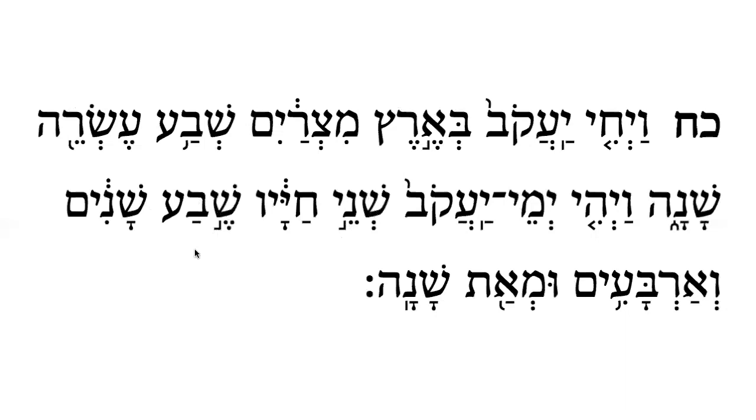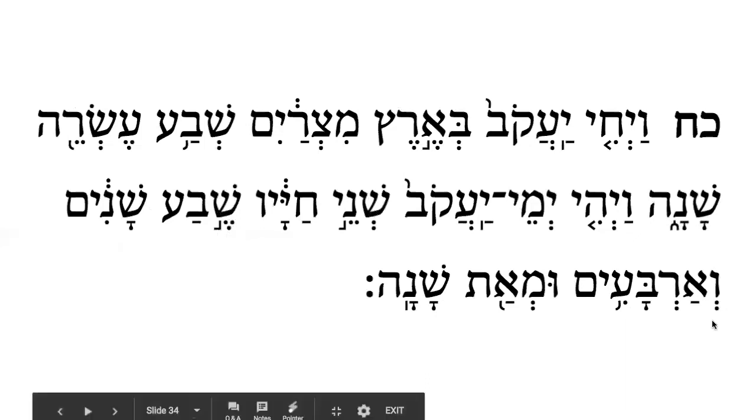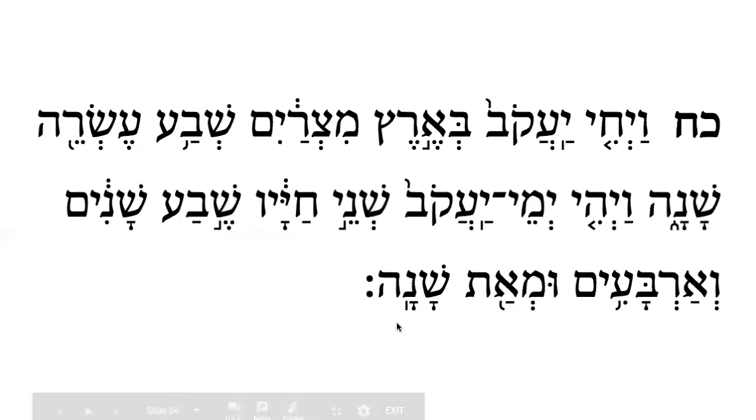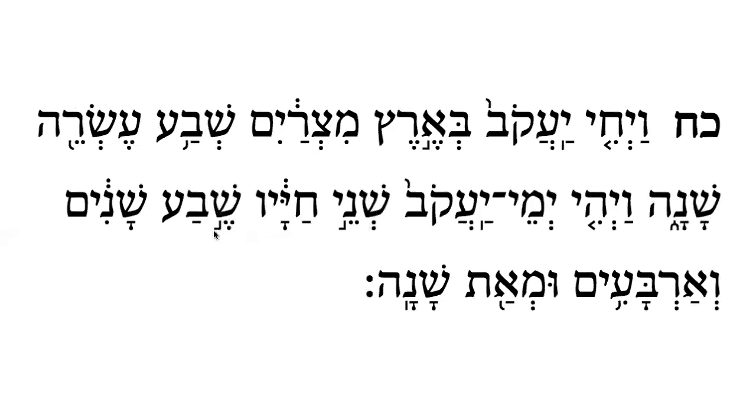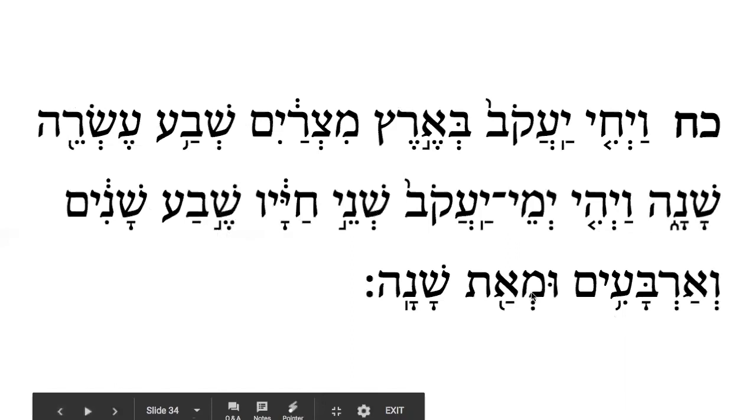So you can kind of hear the difference. So Shnei Chayav. This is Sheva Shanim. And this is Ve'arba'im u'me'at shana. And this is Merchatibcha Sof Pasuk. So this is Ve'arba'im u'me'at shana. So this is and 40 and 100 years. So this is the days of his life, 7 years, and 40 and 100 years.